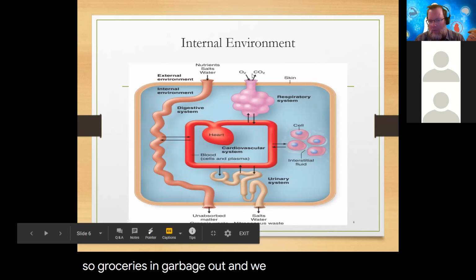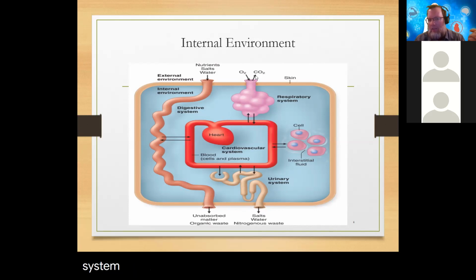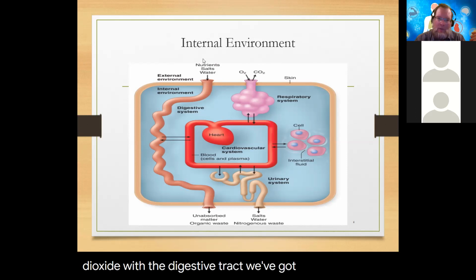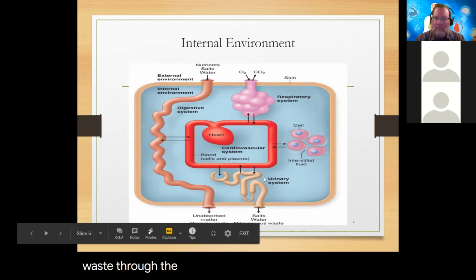And we see the respiratory system has a dual groceries in, garbage out in the same pathway. So we inhale the oxygen, we exhale the carbon dioxide. With the digestive tract, we've got opposite ends. We bring in through the mouth nutrients and water and vitamins, minerals, and we eliminate unabsorbed matter and waste through the other end.